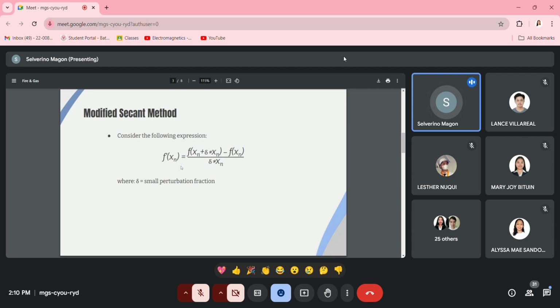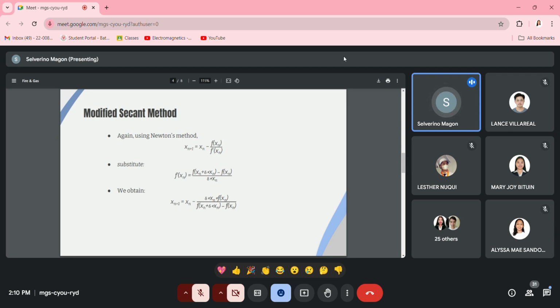So instead, this equation here will be introduced into the original formula from the Newton-Raphson's method, no? Which is again based on the Taylor's series. So we plug in this expression equivalent to f prime, and so we now have the new formula in this step.